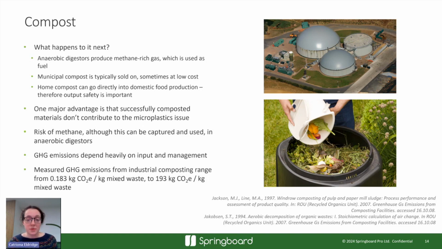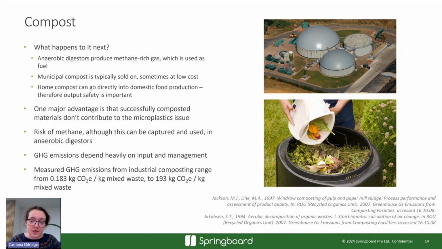There are a lot of benefits to compost. One of the things is that you don't end up with microplastics if you have successfully degrading materials. If they properly break down, the microplastics issue isn't a problem there. However, there is a pretty significant risk of methane all the way through this process. Anaerobic digesters exploit this. They make methane on purpose and they capture and use it, so they're pretty good.